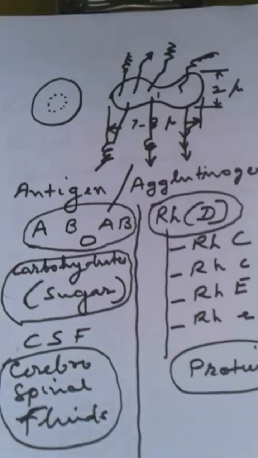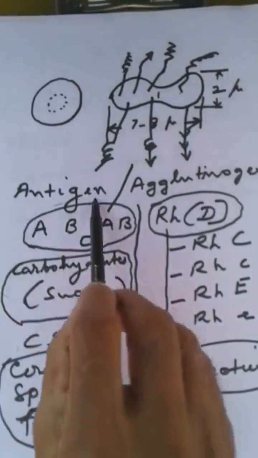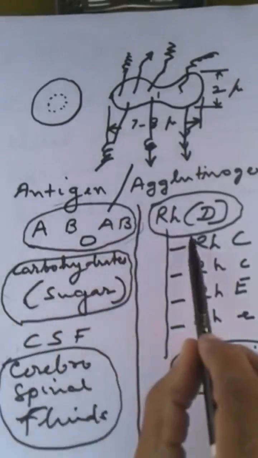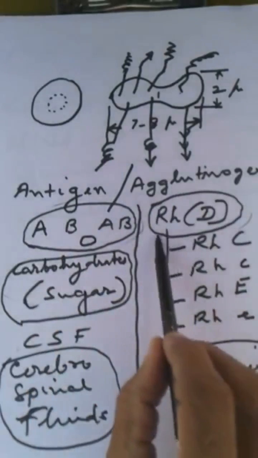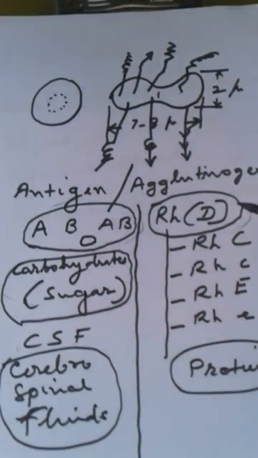Out of these 45, Landsteiner noticed that ABO and RHD. RH has many types.